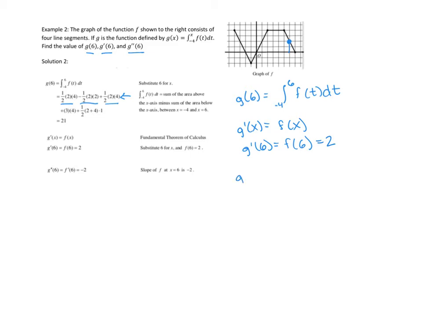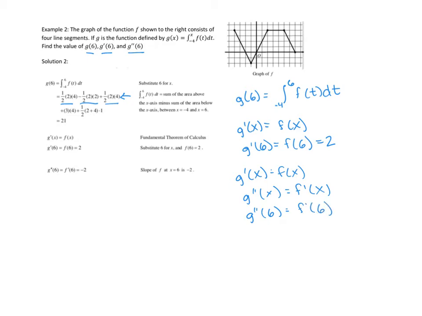And then lastly, if g prime is f of x, then the second derivative of g is f prime of x. So to find the second derivative at 6, we need the derivative of f at 6.